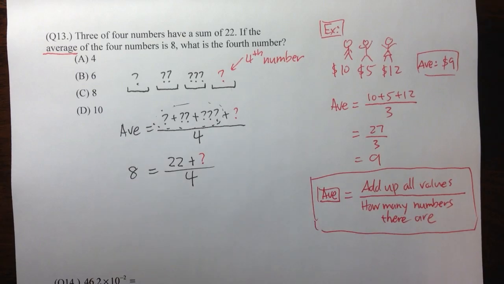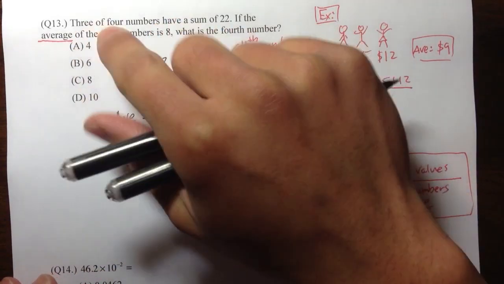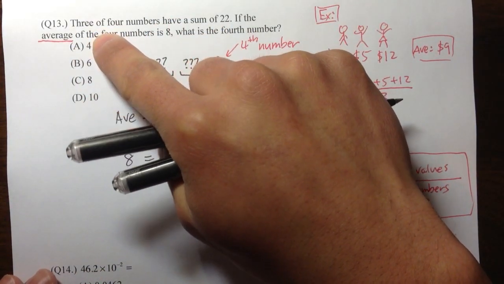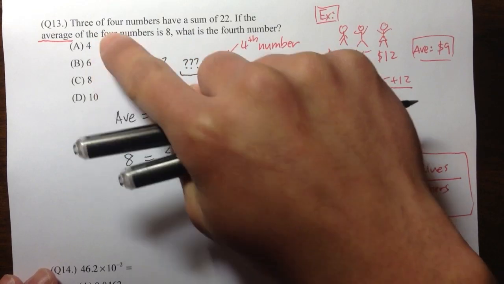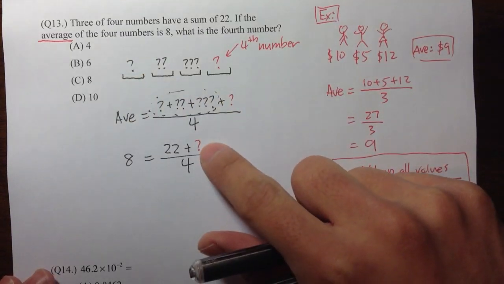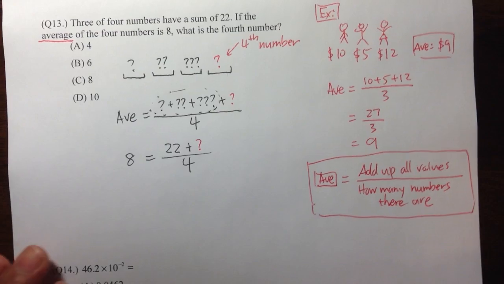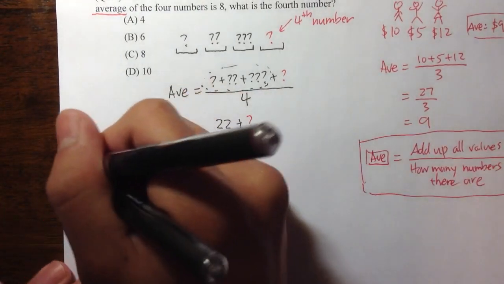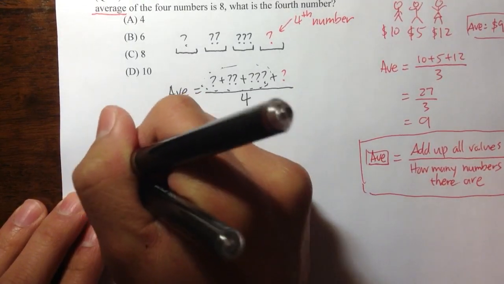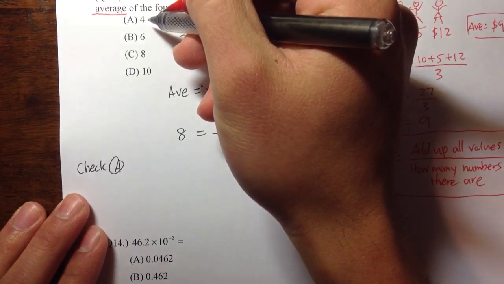One way to do this question is to take advantage of the answer choices. We can check choices A, B, C, and D by plugging these numbers into the red question mark to see if it works out. Choice A is the number 4.